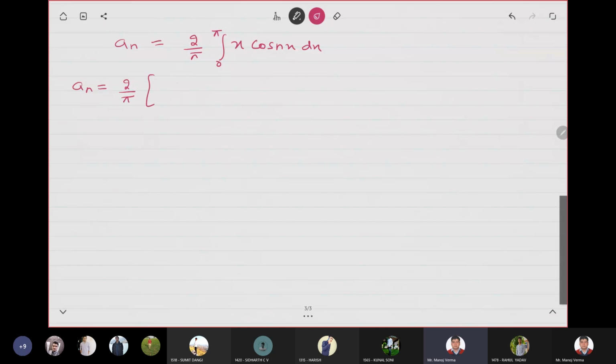If I integrate this, it will become x sin nx by n in the range pi to 0, minus 1 dot the integration of the second term, which will be minus cos nx by n in the limits pi to 0.